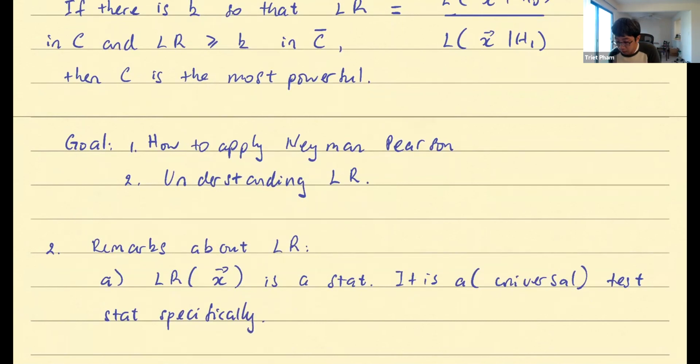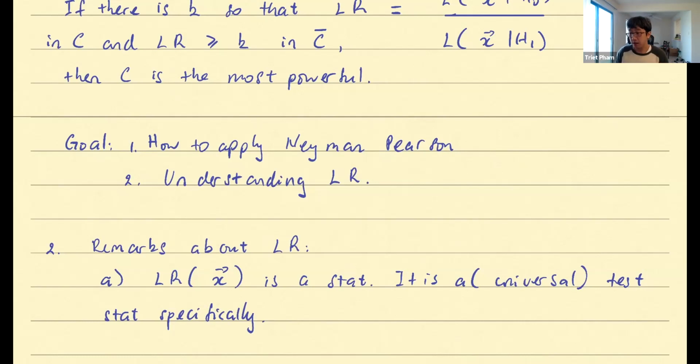So remember, a stat is just something that depends on the sample, and then we attach some name to the stat to talk about its function. Like an estimator is a stat that is used to estimate parameters. A pivot stat is a stat that is used to construct a confidence interval.